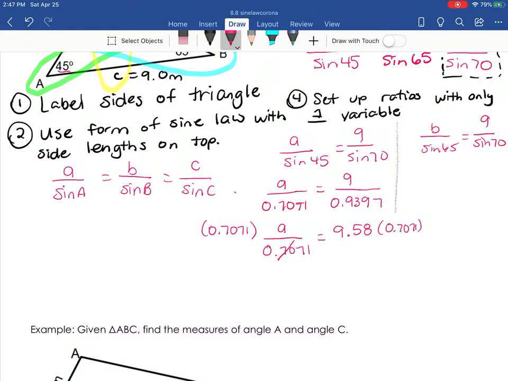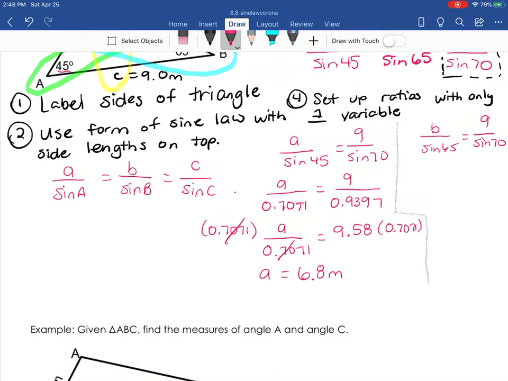Okay, and now A is like my X, so I need to get it on its own. So I'm going to do the opposite operation so that this cancels out. And it says 1 decimal place, so I'm going to do 1 decimal place.